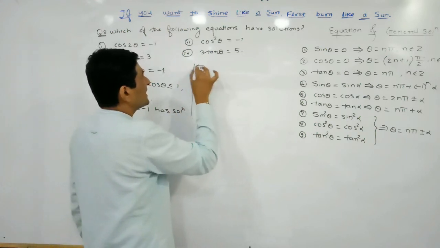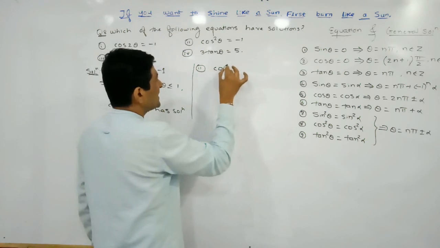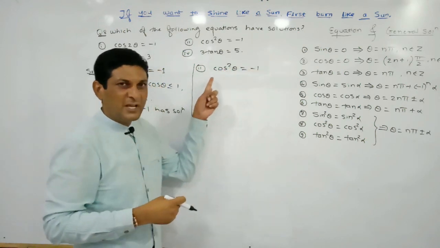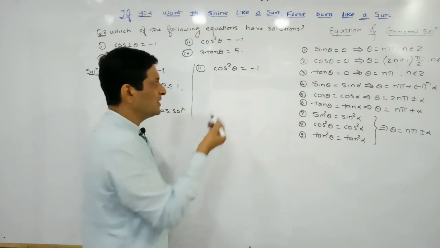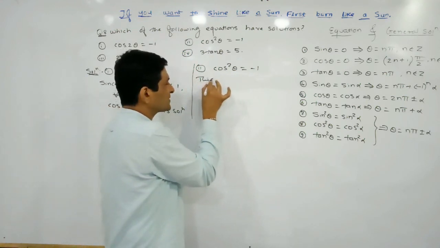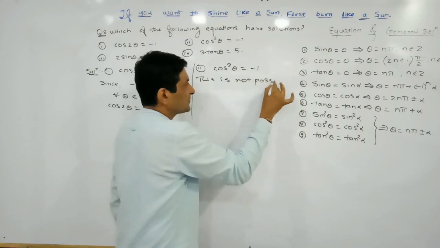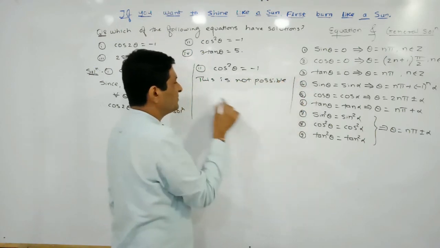So observe the second example. Here it is given to us that cos square theta is equal to -1. And we know that the square of any real number cannot be negative. So we can say that this is not possible. Why is it not possible?